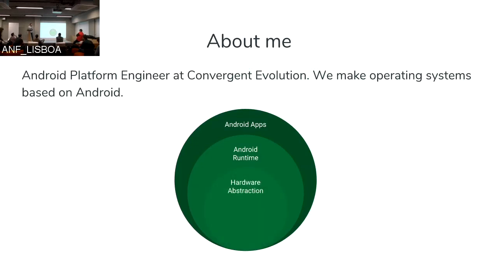We also touch the hardware abstraction layers because we work on new phones, and new phones have newer stuff, like more buttons, more sensors, special features, dual screens. So Android doesn't support this stuff, so we need to add it. And we also work on the hardware itself, like we accompany the several stages of development for a new phone, and that's pretty much it.